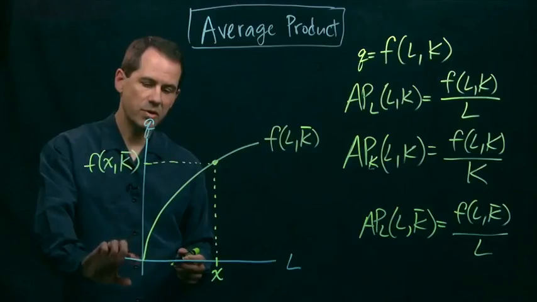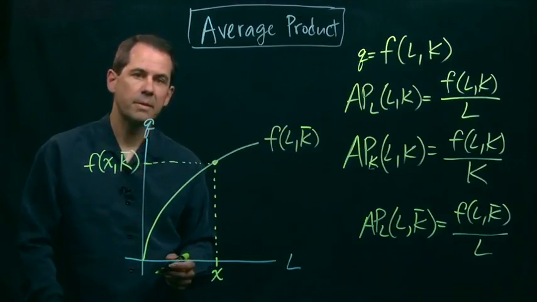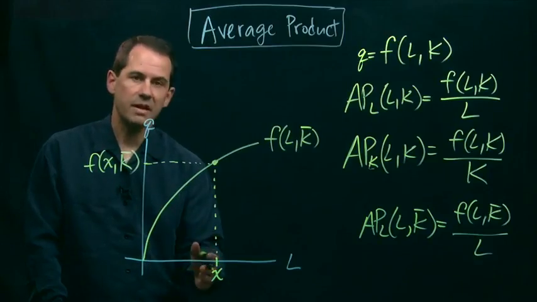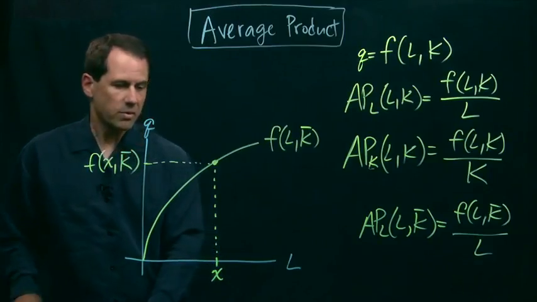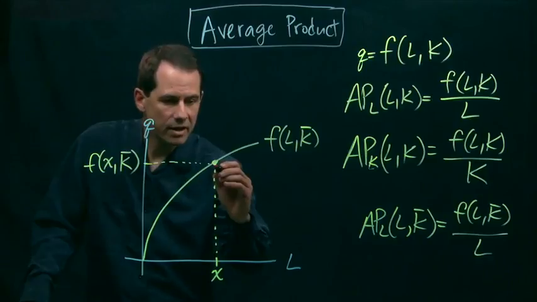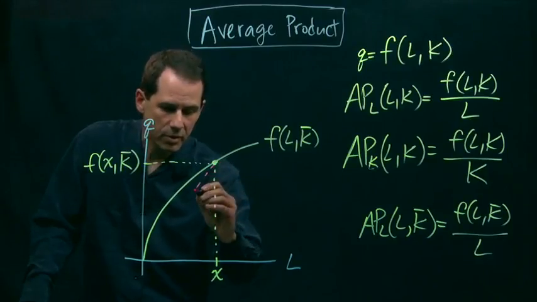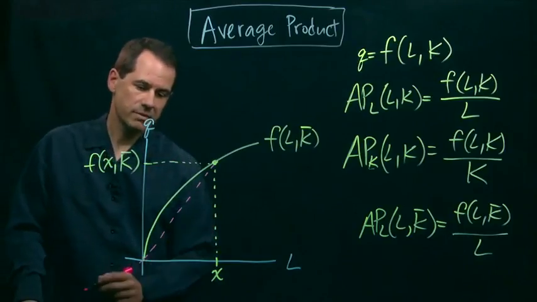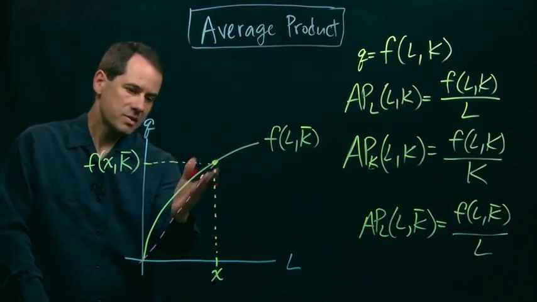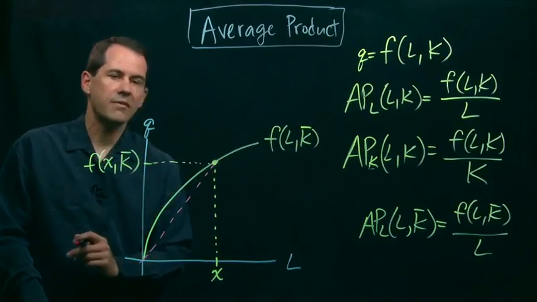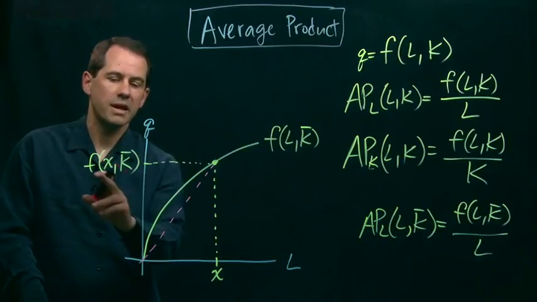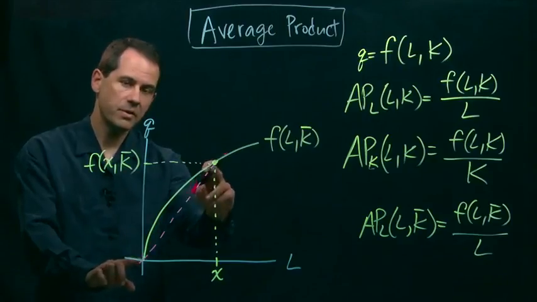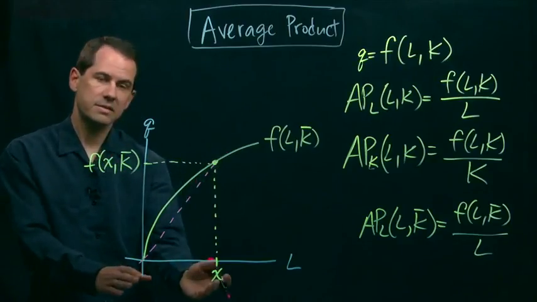That's the distance between the origin and this point here, over the amount of labor we're using, which is X. So if I draw a line connecting this point with the origin, that's a straight line, the slope of that line is exactly average product of labor. It's F of X, K bar, that's the rise of the line, over X.